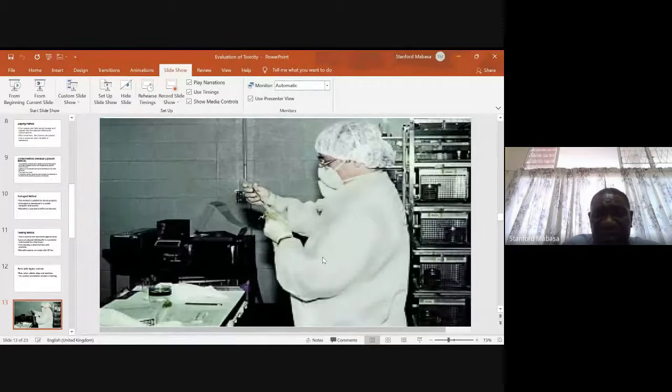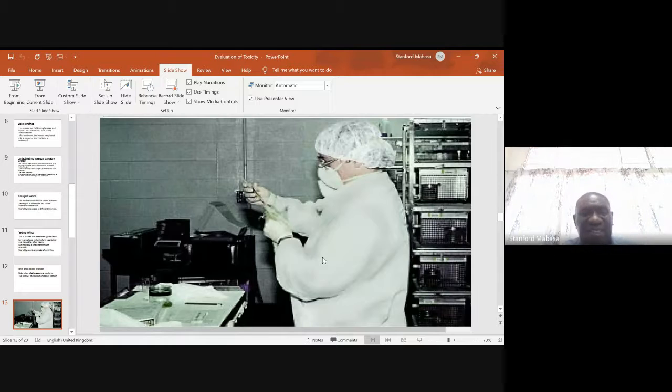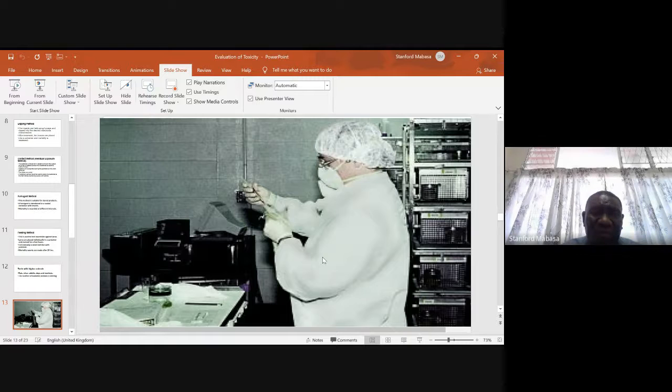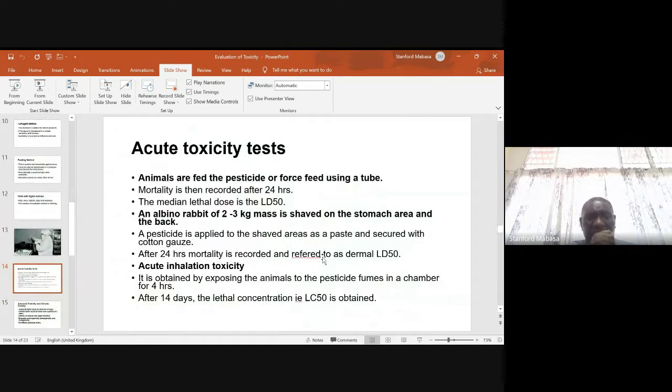Well, this is somebody in a laboratory conducting such studies using animals and the pesticides, trying to find out what can happen to the animals. Now, when we are working with the animals, we are going to do what are known as acute toxicity tests.